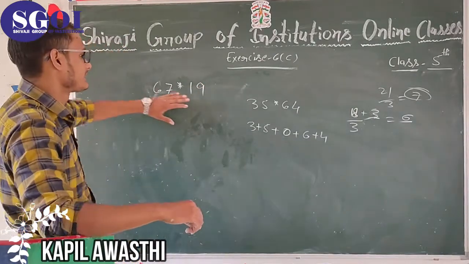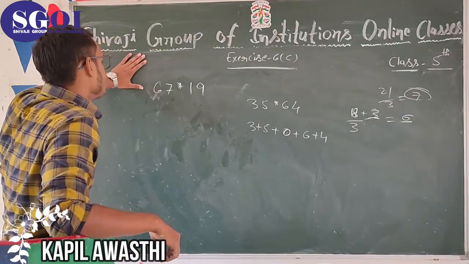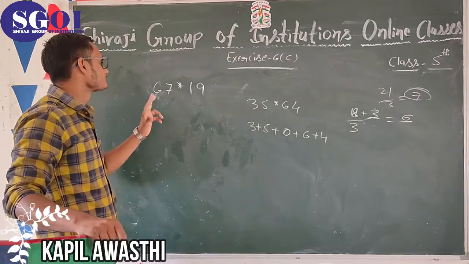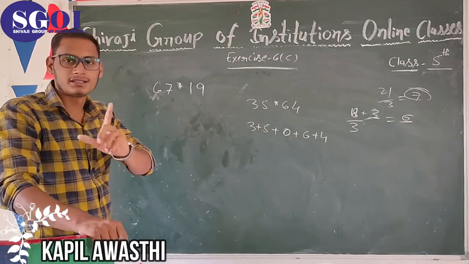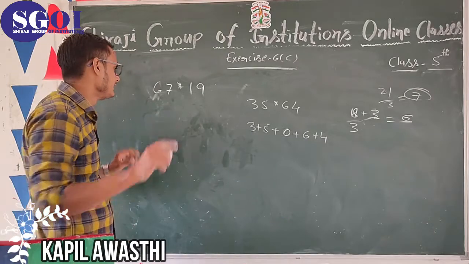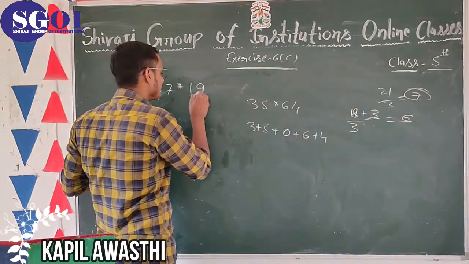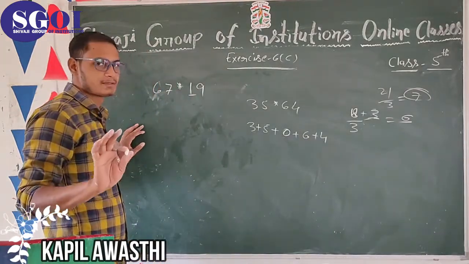6 7 star 1 9. The sum of all the digits must be divisible by 9. If the sum of all the digits is divisible by 9, then the number is divisible by 9.